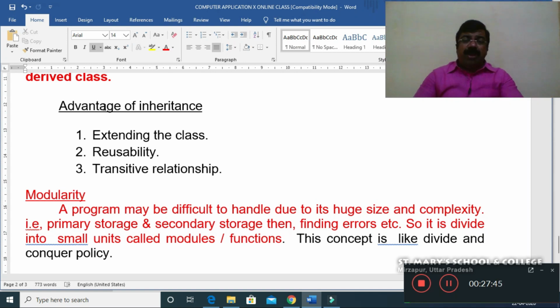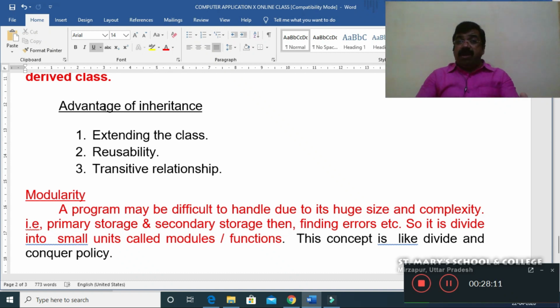Just imagine you want to shift the divan cot, which you may all have at home, from one room to another room. What will you do? Will you all carry it? No, we will break it into pieces and then assemble it in the other room. That is what is called modularity.